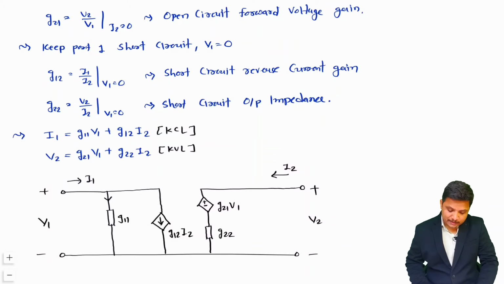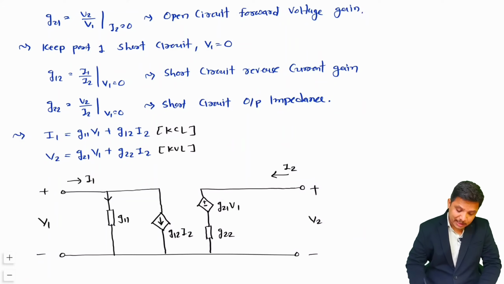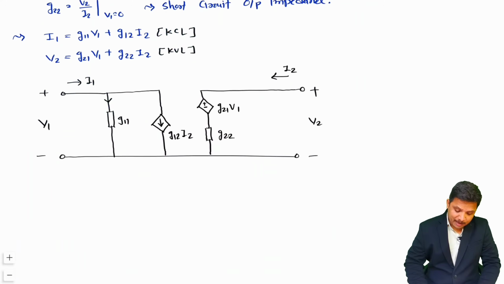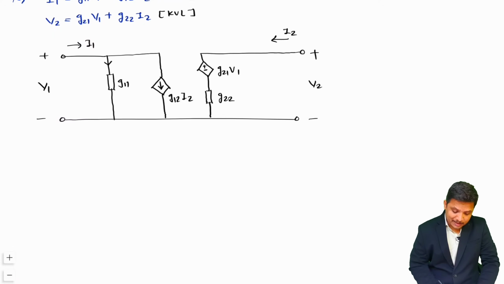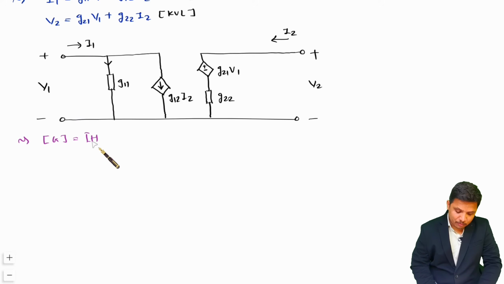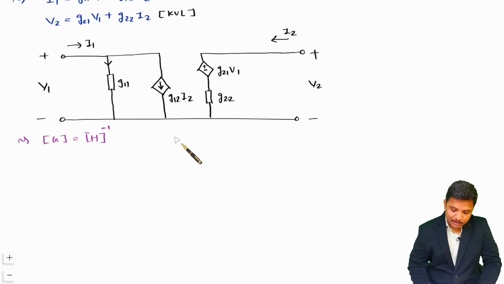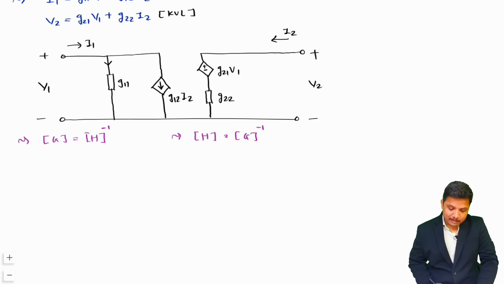Now my dear students, as I told you initially, G parameter is the inverse of H parameter. So how do we identify the relation between G parameter and H parameter? When you want to calculate G from H, just take the inverse of H, and when you want to calculate H from G, just take the inverse of G, right?